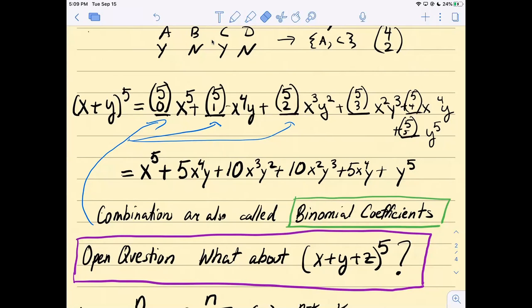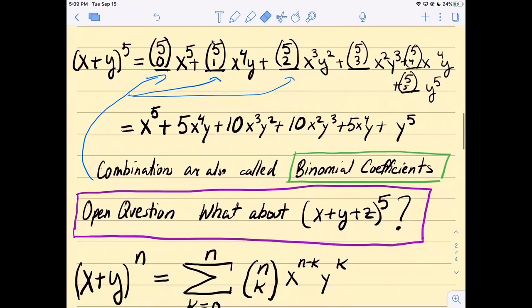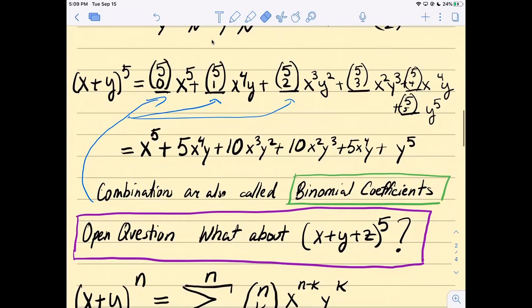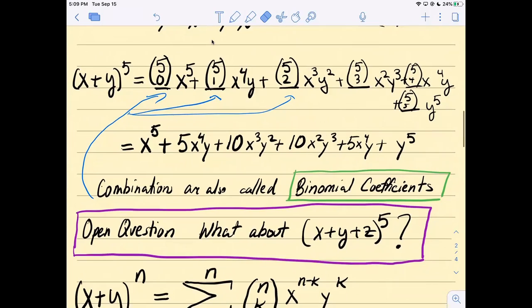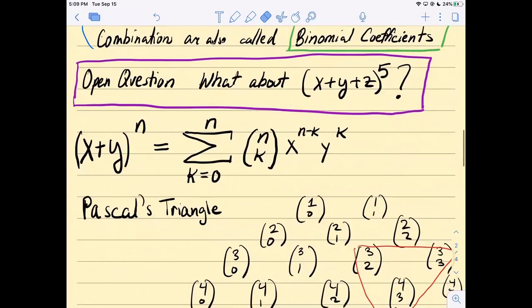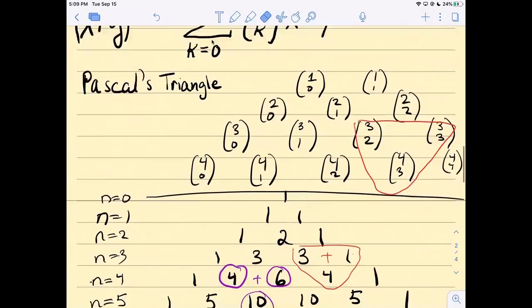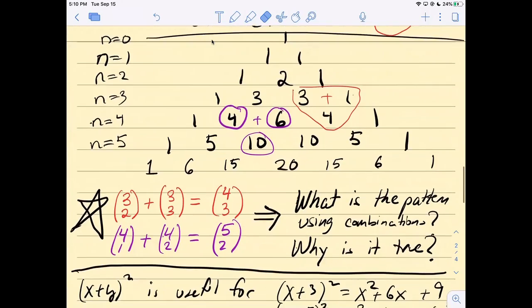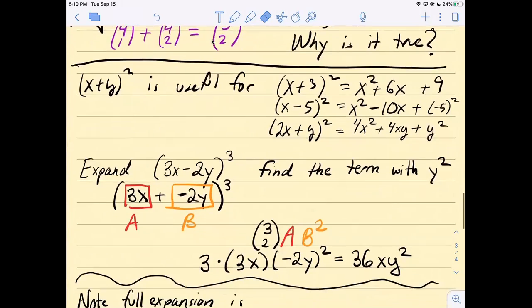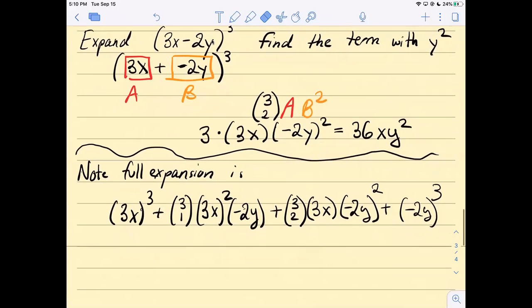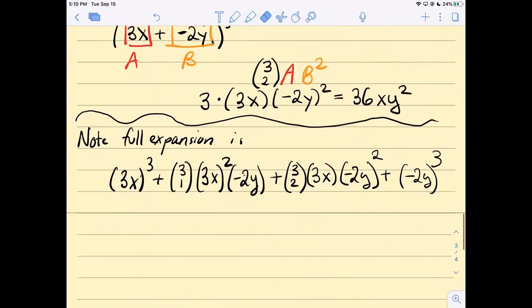Really try to make sure you're comfortable that we're adding together different types of terms, counted multiple times, grouped together. That's what will help you understand and retain the formula, retain the pattern. Don't think of it so much as a formula, more as a method. It's a clever way to FOIL without actually FOILing.